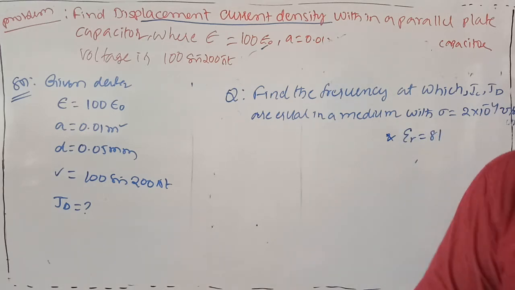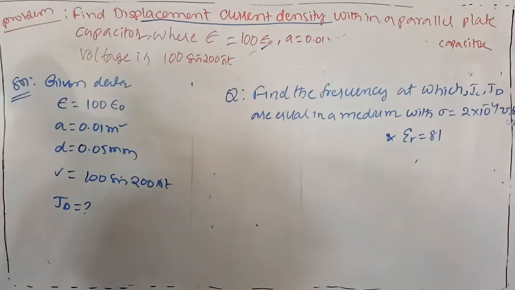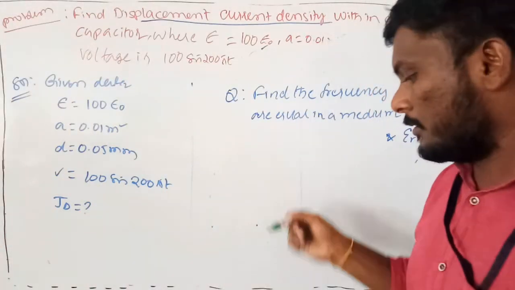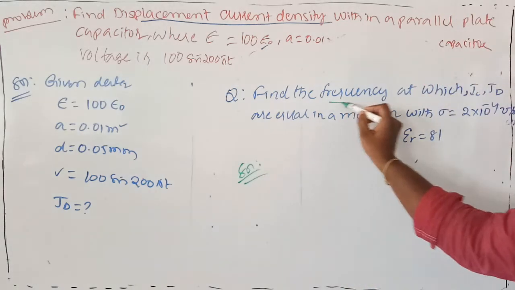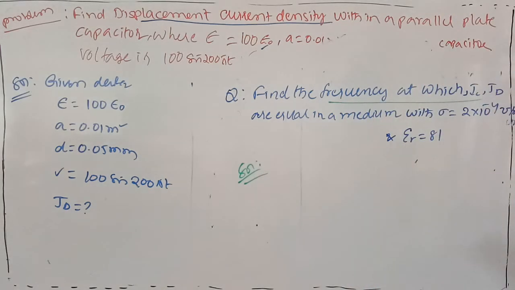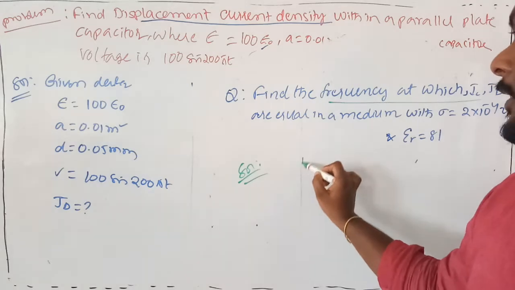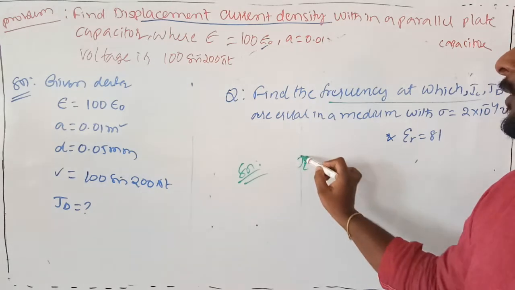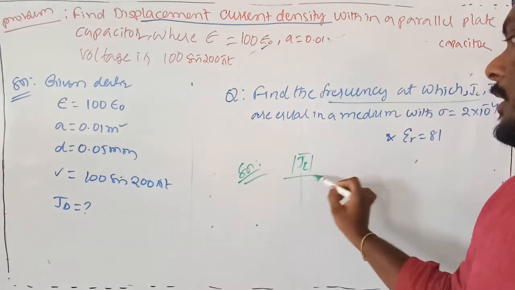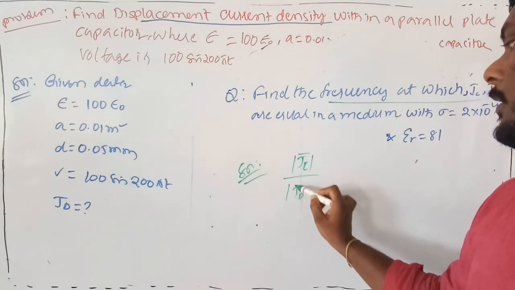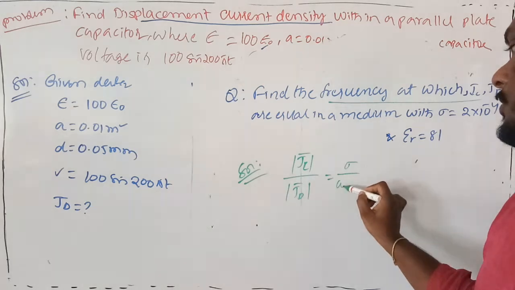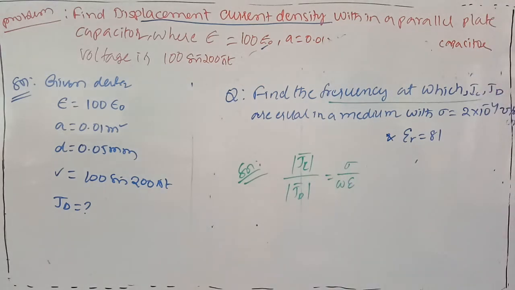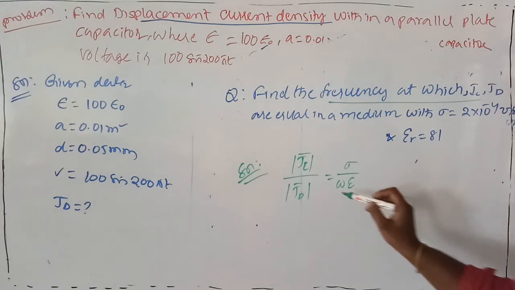So from the given data, what is the question? Find the frequency at which JC should be equal to JD. We know that the ratio of the magnitude of conduction current density to the magnitude of displacement current density is sigma by omega epsilon.